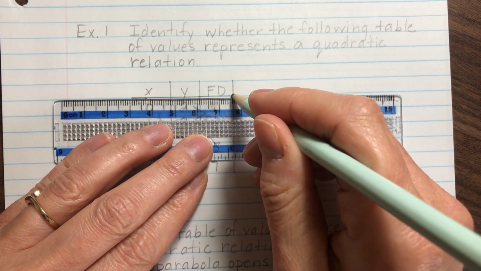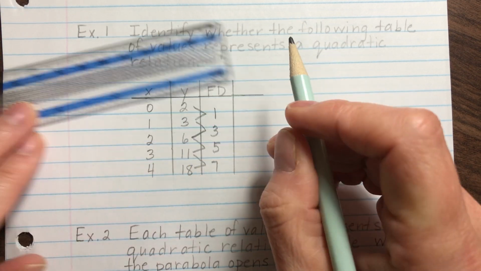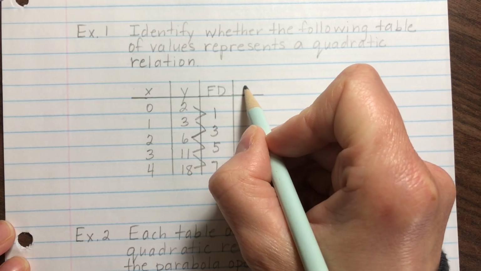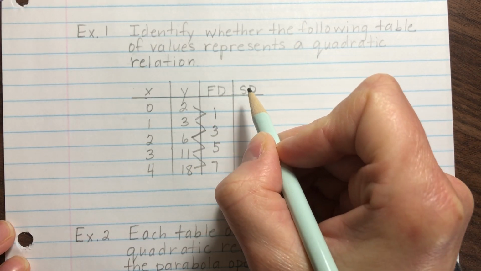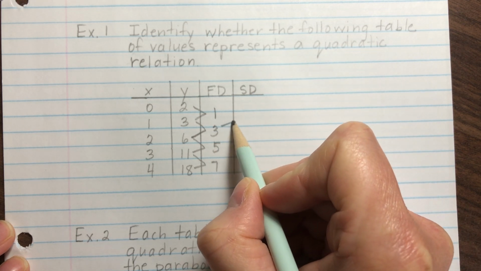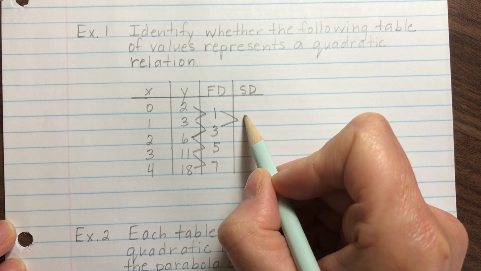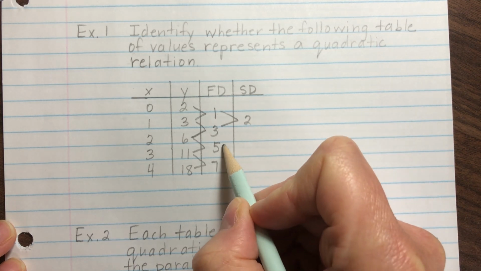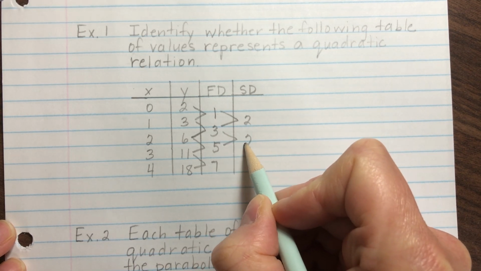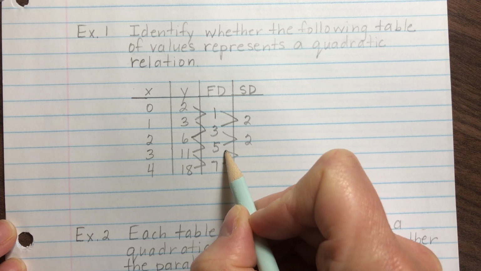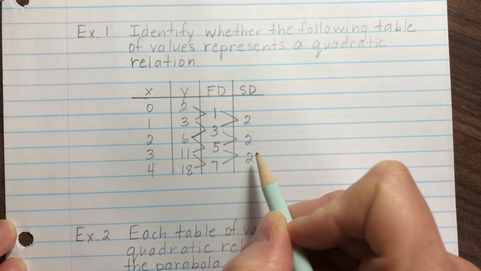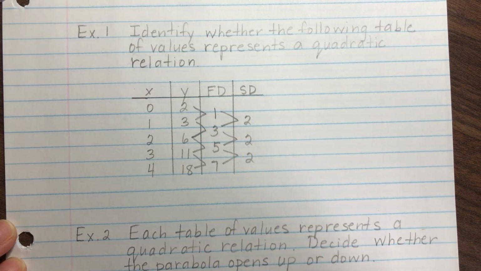We're going to figure out the second differences in the same manner that we did the first differences, by subtracting the values in this last column. So 3 take away 1 is 2. 5 take away 3 is 2. And 7 take away 5 is 2. We see that the second differences are all the same.